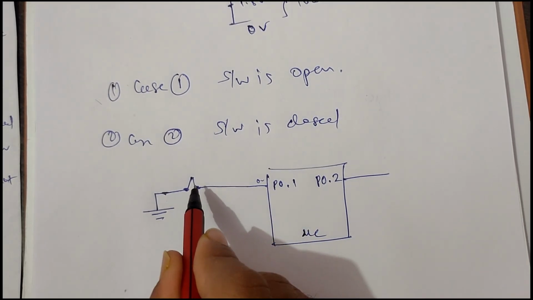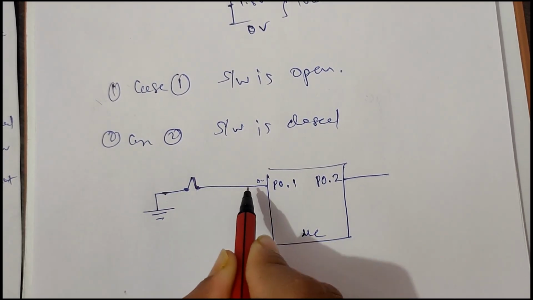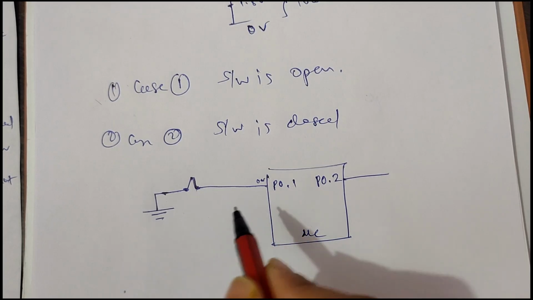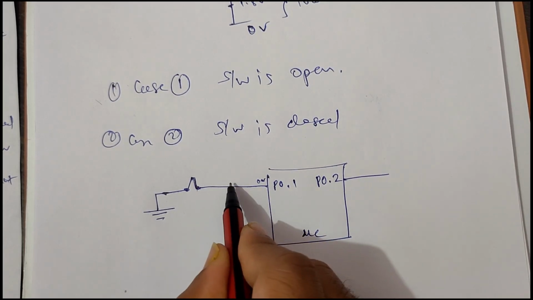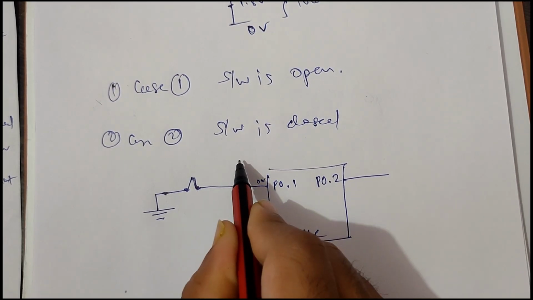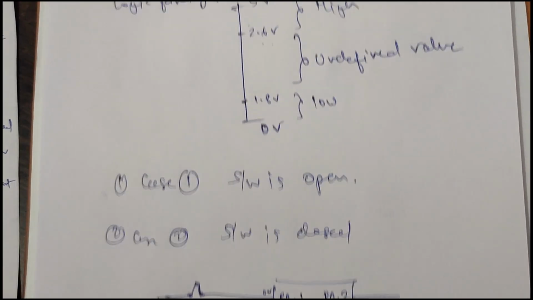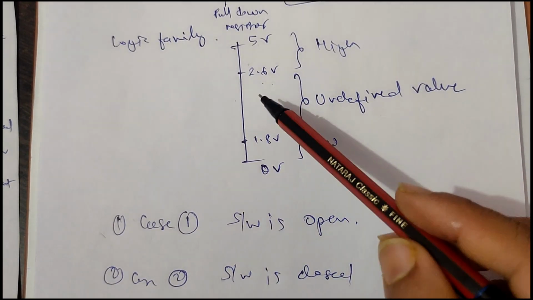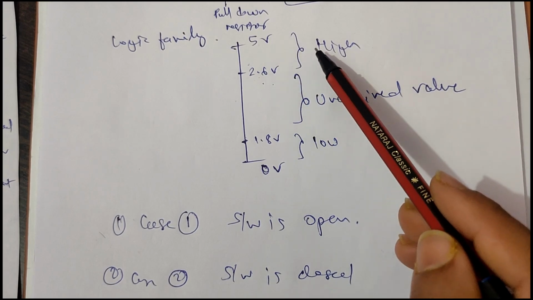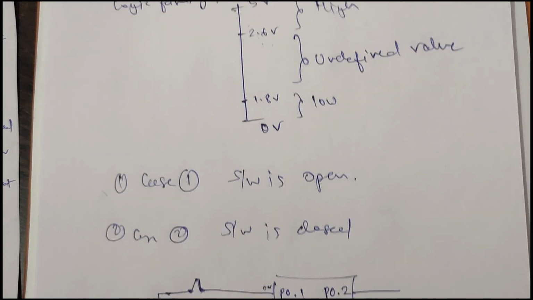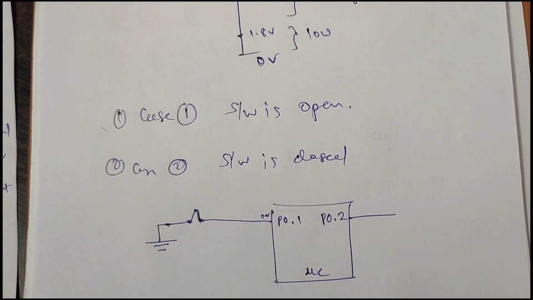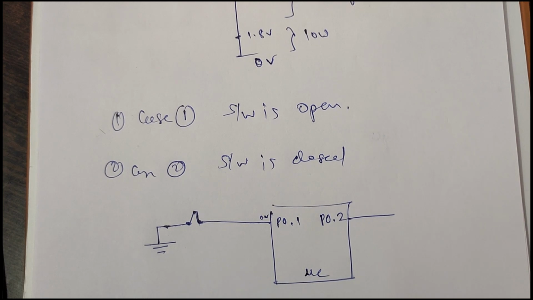But practically I am not getting 0 volt. Due to EMI, I am getting a voltage other than 0. If that voltage, as I just said, is above 2.6, I am getting a logic high here. So how will I solve this problem?